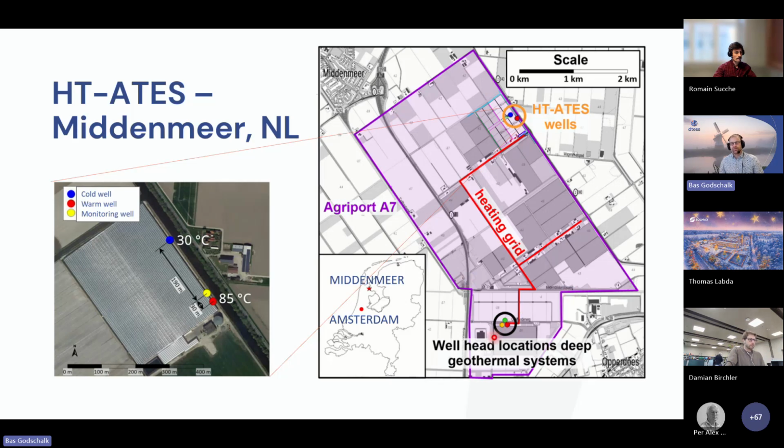They have developed a number of geothermal wells, and they are still going on with that to provide enough heat to the greenhouses. And then here in this corner, they have constructed the high temperature ATES system. And here you see the greenhouse itself, the hot well, the test drilling, a monitoring screen, and the cold well.